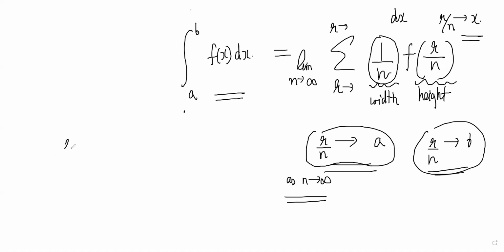Because r starts from some 0 to n minus 1, right? This r is the thing that was i in our previous example. i was going from 0 to n minus 1, right? Yes, sir. So we can say that i by n will go from 0 by n to n minus 1 by n, right? Correct?